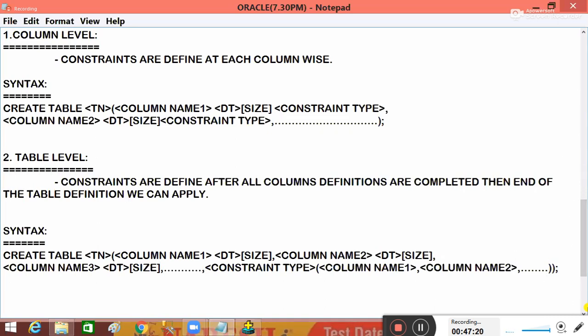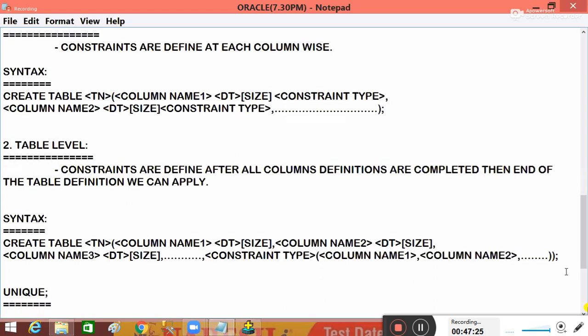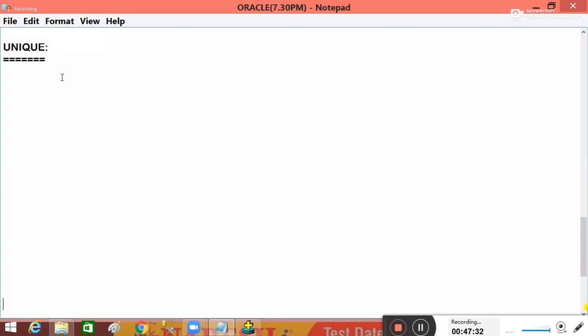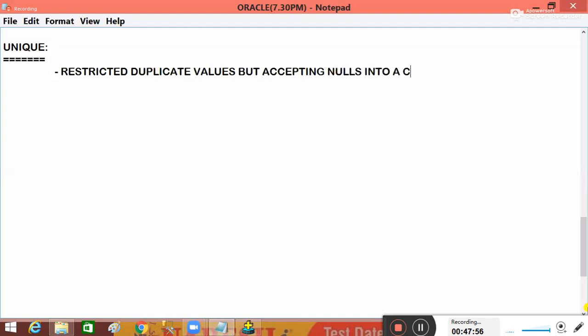The first example we will discuss is the unique constraint. So what does unique constraint mean? The nature of unique constraint is, unique constraints restrict duplicate values but accept nulls into a column.